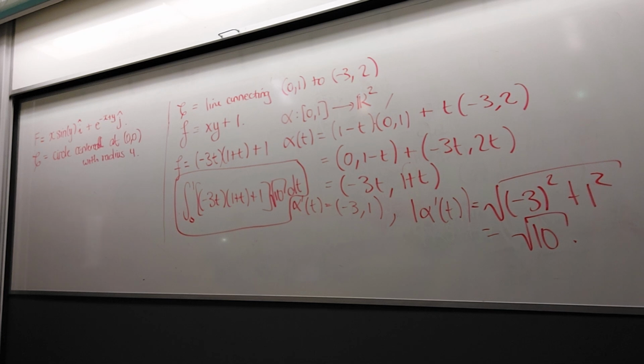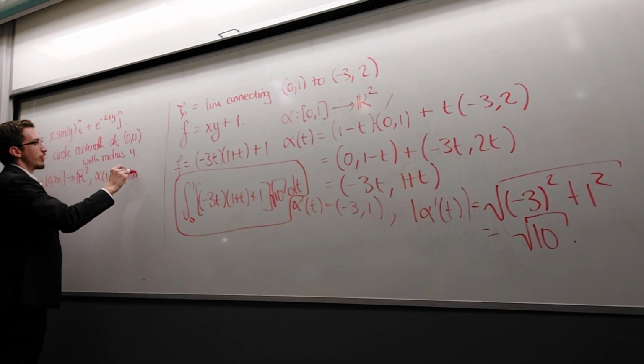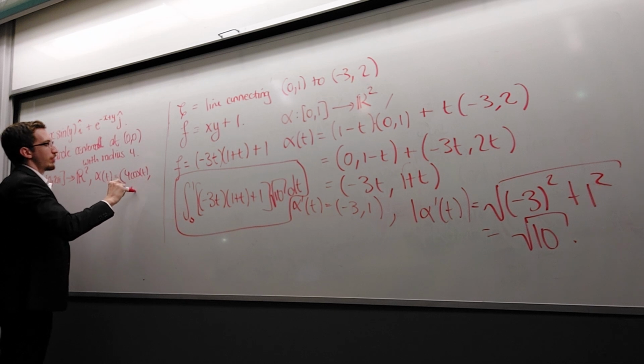What's the parameterization? x equals 4 cos t, 4 sin t, t from 0 to 2 pi, into R2. Alpha of t is 4 cos t, 4 sin t.